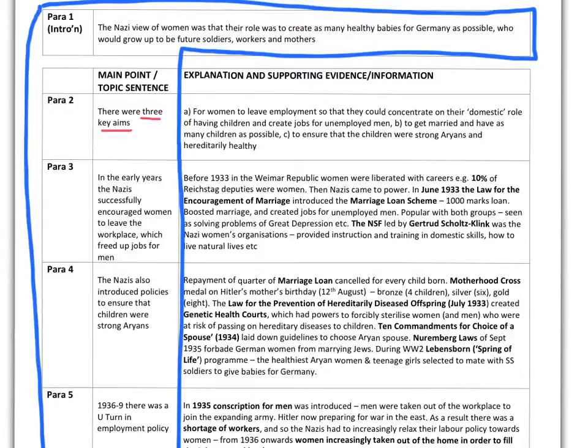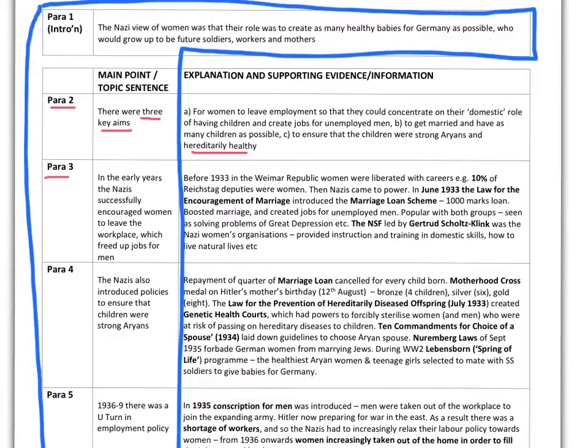Okay, get out of jobs, get married and have children. Secondly, to get married and have as many children as possible. And thirdly, to ensure that the children they had were strong Aryans and were fit, hereditarily healthy. Come back to that one in a minute. So that's your first proper paragraph, which will be paragraph 2.